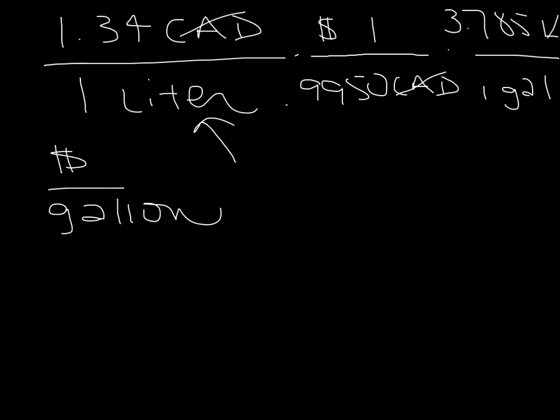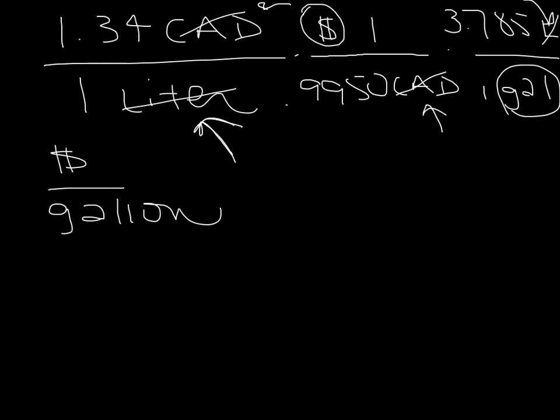So if I do that, liters will cancel, and that's the whole point in this game that we're playing, is that if we have something on the top, we need to put its equivalent on the bottom to make it cancel. Now we just deal with the numbers we have left, because we have dollars on the top, which is what we want, and gallons on the bottom, which is what we want.